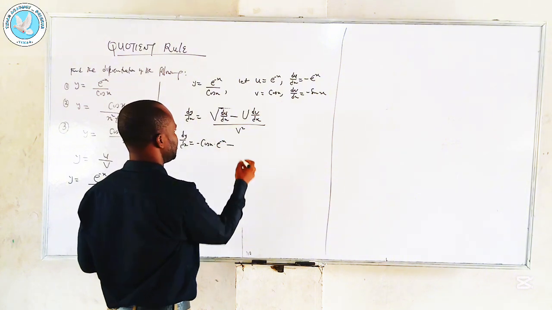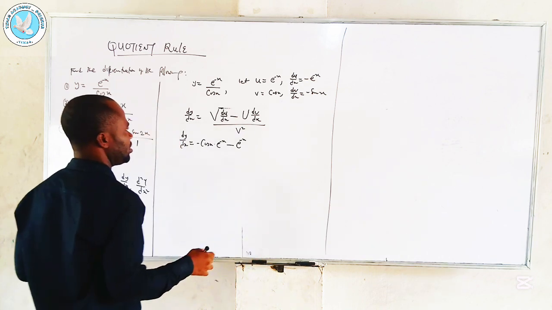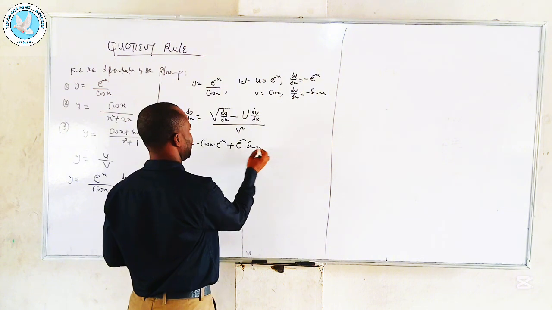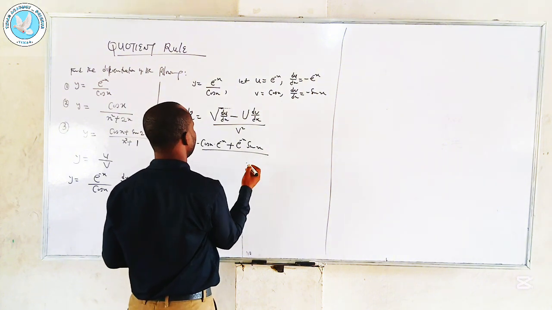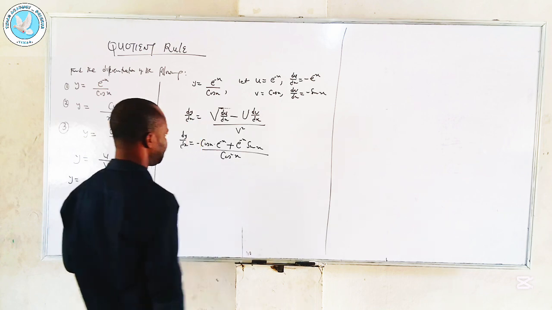Minus u is this, dv/dx is minus sine, so this can affect the sign. We have that. Divide the whole thing by cos squared x.